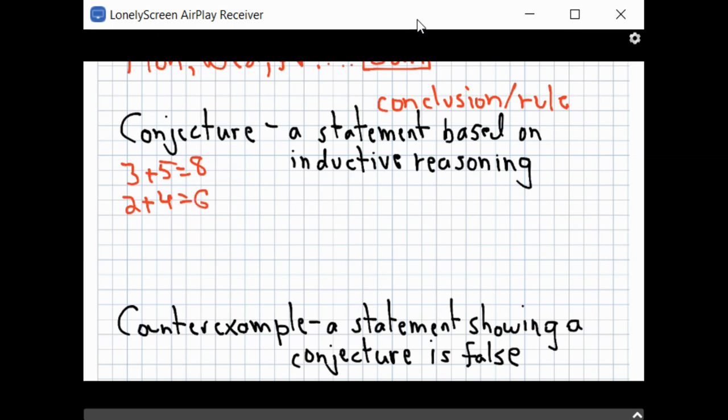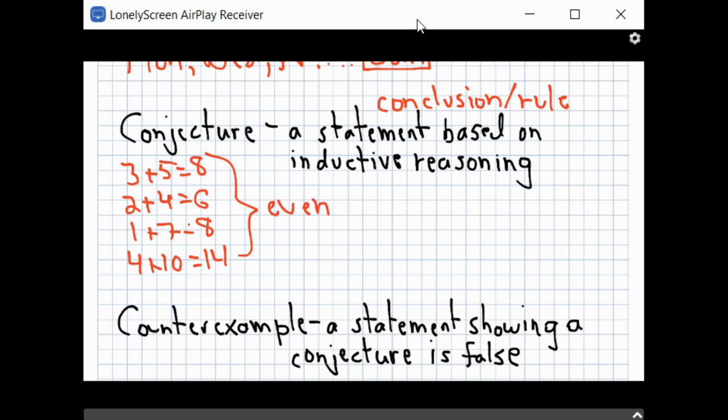And what I'm doing is I'm adding even and odd numbers. 1 plus 7 equals 8. And what I'm finding is that whenever I add 2 even numbers or 2 odd numbers, so here's 2 more even numbers, 4 plus 10 equals 14, I can make a conjecture that the sum is always even.